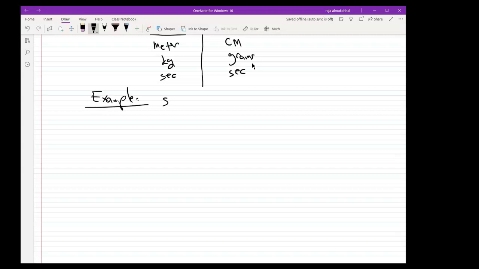Suppose that the speed of an object, say a car, is going at 130 kilometers per hour, and I would like to know what the speed is in, say, miles per hour. Well, first you need to find a conversion factor, a way to convert kilometers into miles, okay?